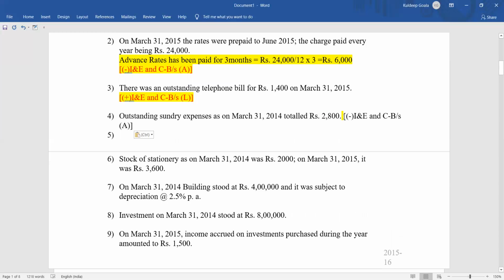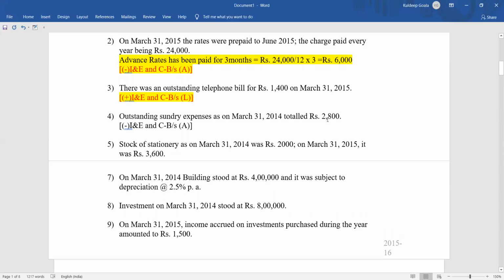What you will do is that you are going to take this total amount, that is 2,800, and deduct it from the income and expenditure account because it is last year's one, and again it will come in the opening balance sheet liability side because it is last year's liability. It was there in the last year's closing balance sheet in the liability side, so it will appear in the opening balance sheet also in the liability side.